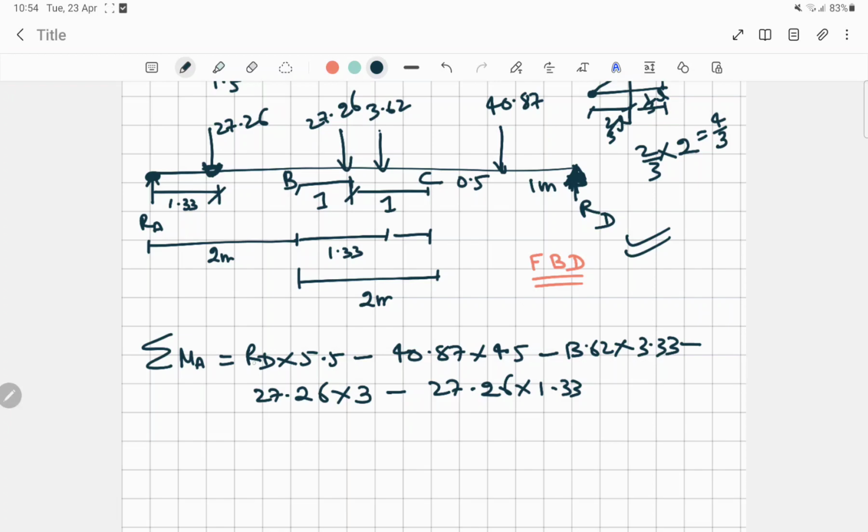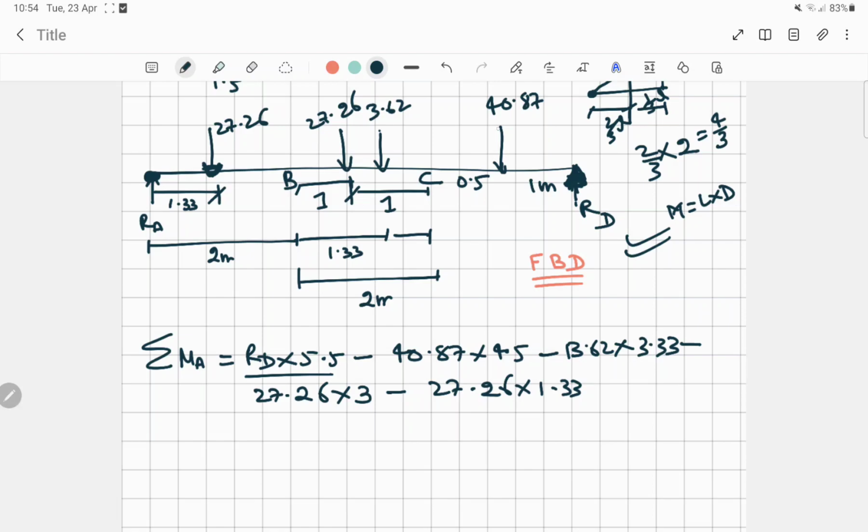That's why it's RD into 5.5, and we know that the moment is equal to load into distance. The whole distance is covered to reach this point, right?